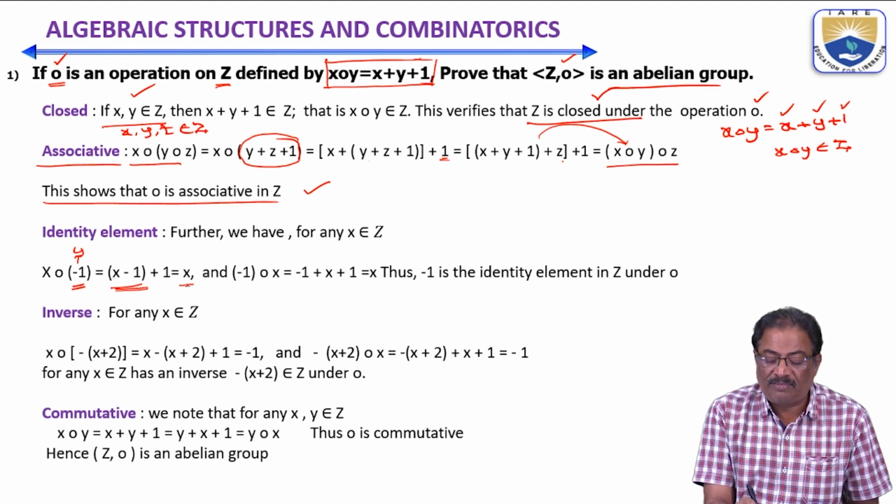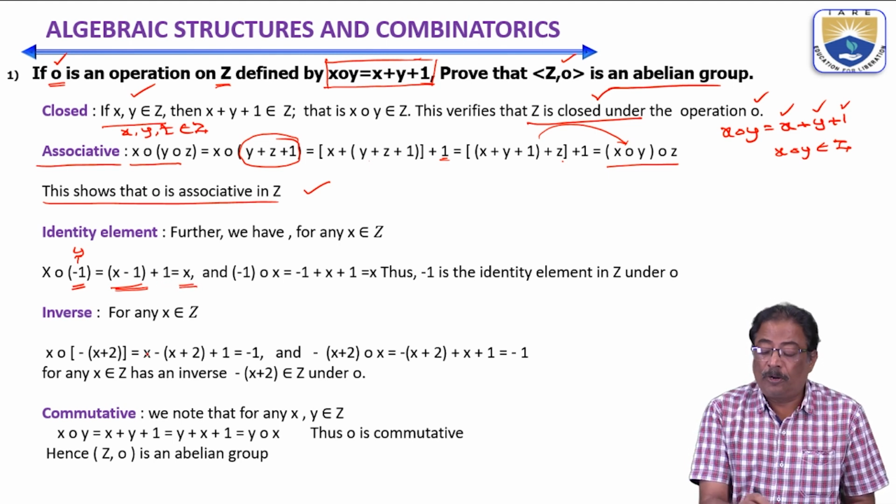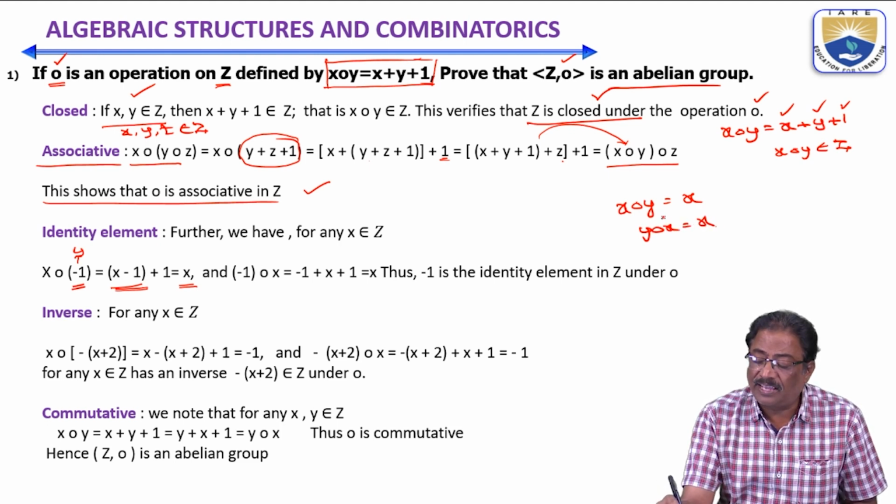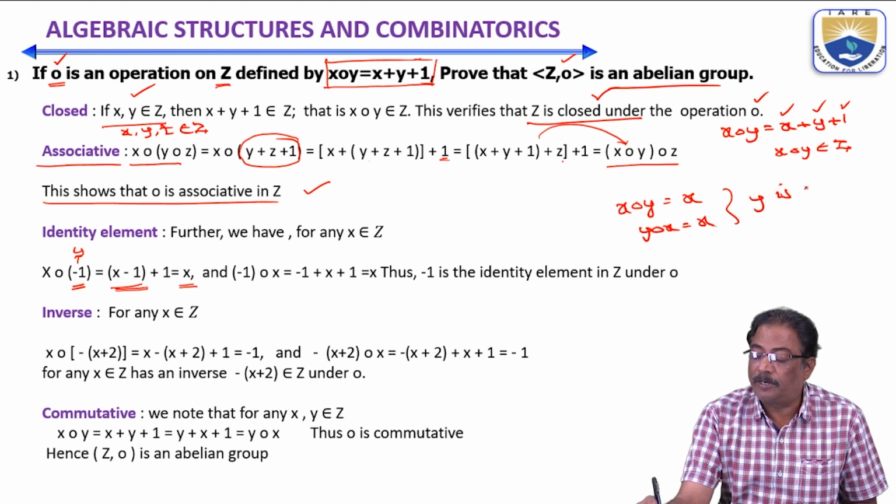Simplifying, this is equal to x. So x circle y is equal to x, and y circle x is equal to x. Then we can say that y is the identity element.